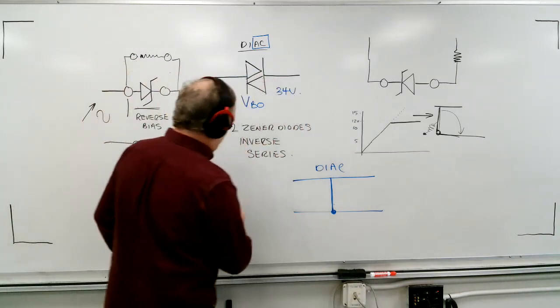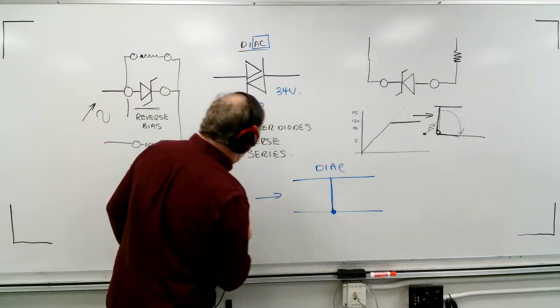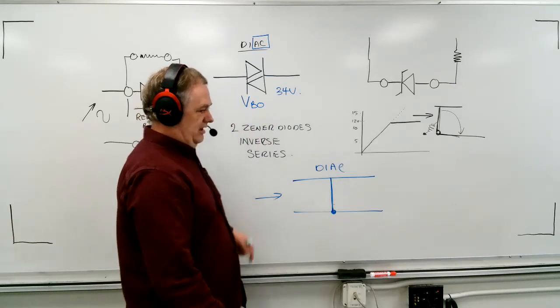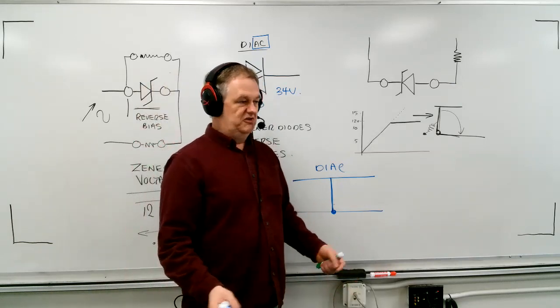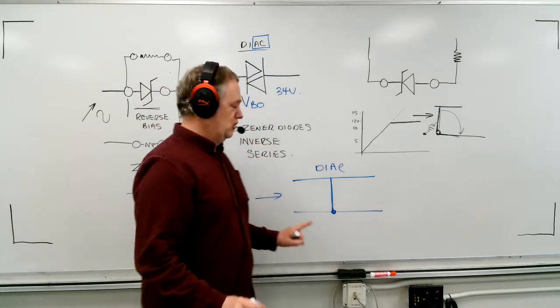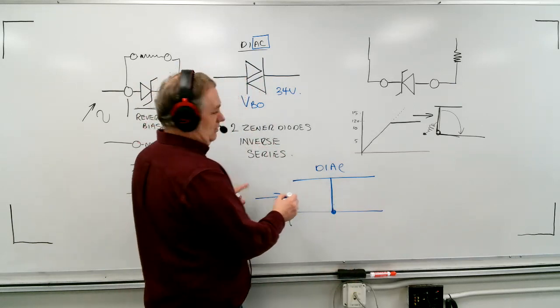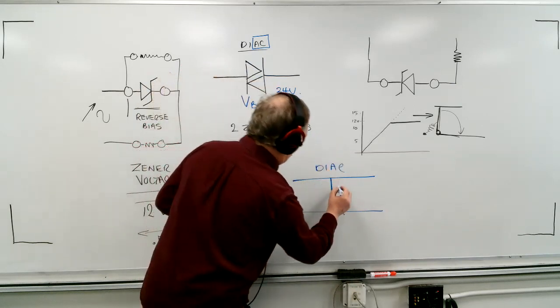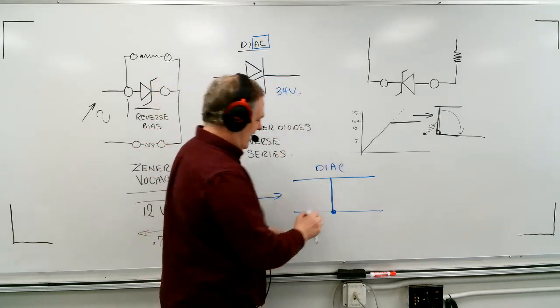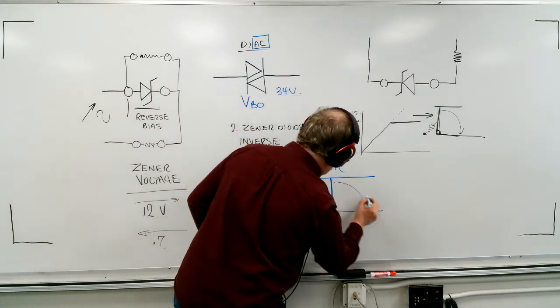So that means that as I apply voltage in this direction, 10, 15, 20, 25 volts, absolutely nothing, no current will flow through that diac. All of a sudden, when I get to 34 volts, and I'm pushing from this side, the door goes bang, it goes down.